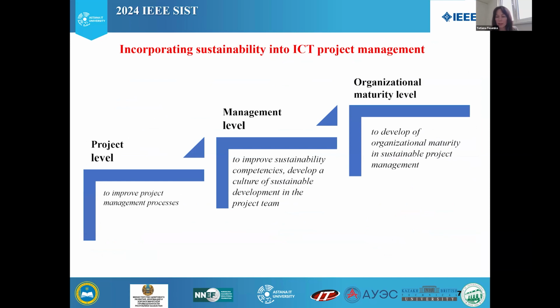sustainability in ICT project management can be at 3 levels. At the project level, it is first to improve the project management process and increase the maturity of sustainability development.